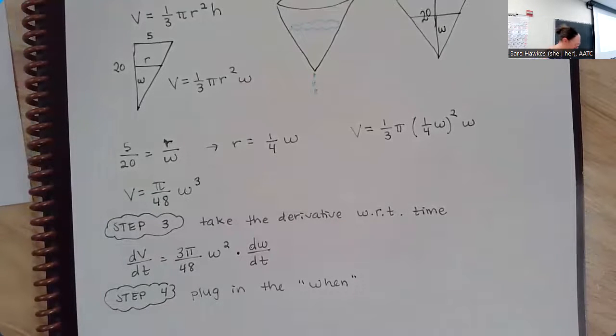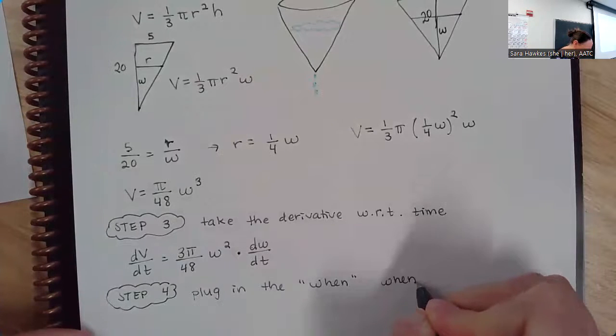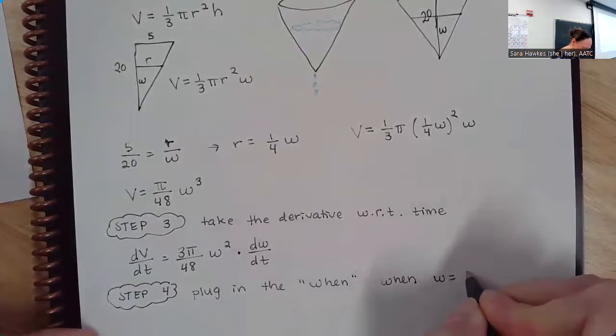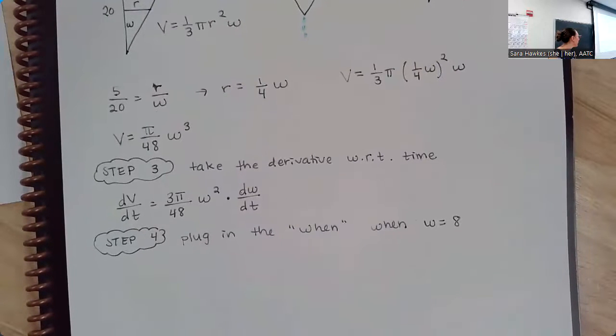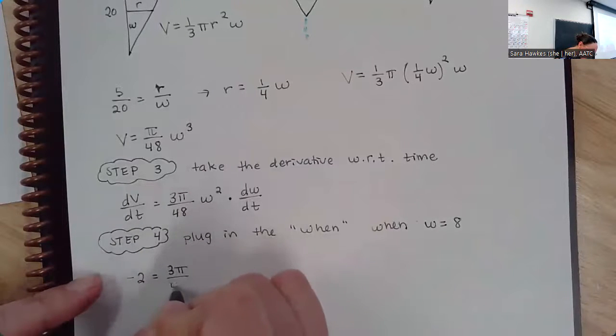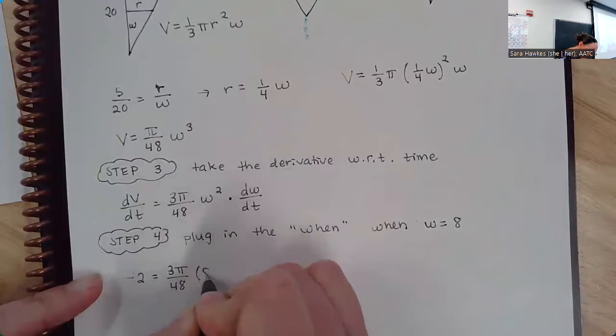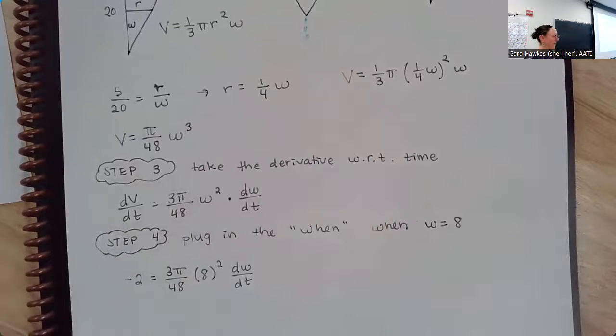And in this case, it's when the water in the tank is 8 feet. So I know the dV/dt is -2. I know that I'm going to plug in 8 for W, and you can simplify the numbers or not, but we need to rearrange to get dW/dt.